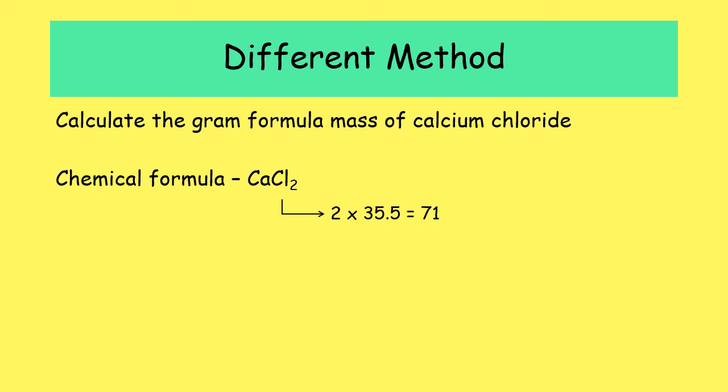The mass of each one is 35.5, and that gives us 71. Then take an arrow down and across for calcium. There's 1 of those. The mass is 40. When we do the multiplication, we get 40, and then we add those numbers together to get 111. So that's an alternative way of setting it out.